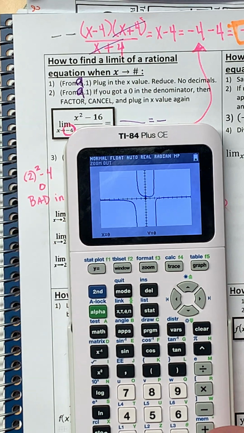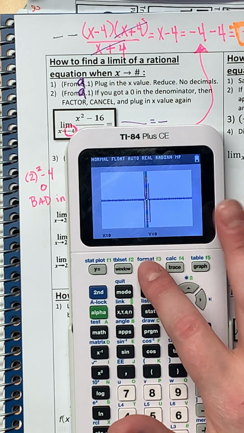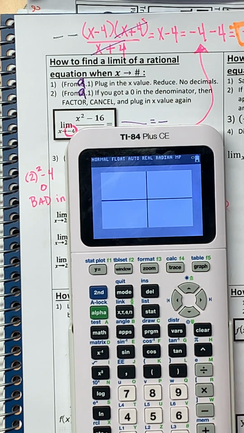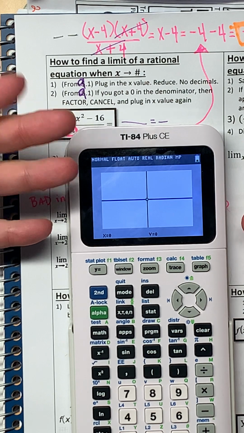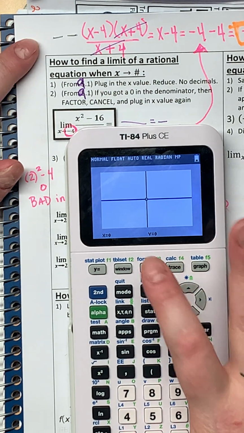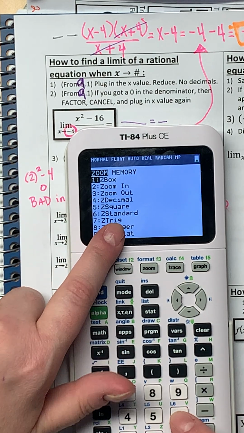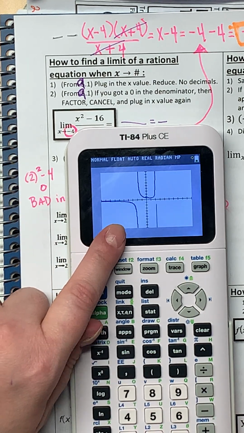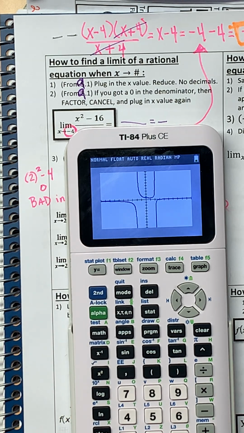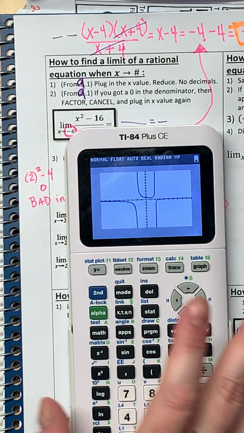You just have to press enter, and it zooms it out, and you can do it over and over. And if you ever get to the point where you don't know what your graph looks like anymore, you just want to reset it. Press zoom 6. 6 takes it back to the standard normal graph. Okay, so again, if you want to zoom in or out, you press this button.